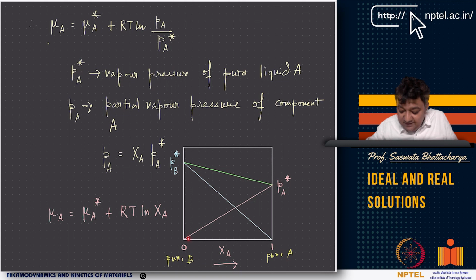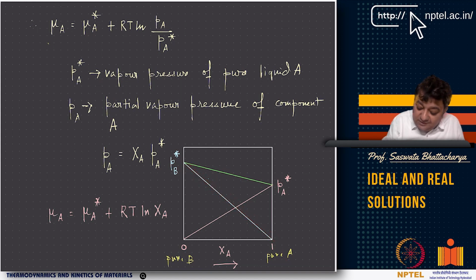So as you can see, if you look at just pure A, it starts from 0 and moves to PA star. Again, if you look at PB star, it's pure B, so basically pure B means XB equal to 1, and here XB equal to 0. So it starts from here and then goes down and comes here.